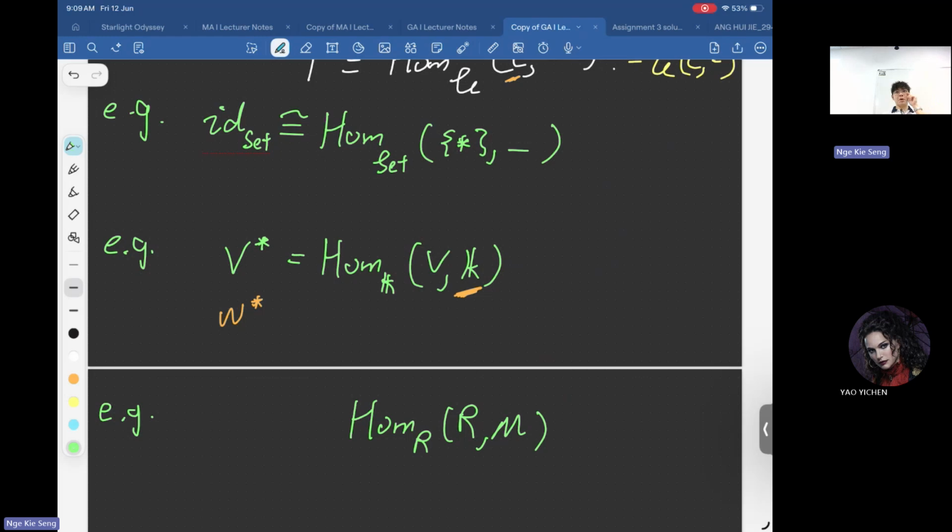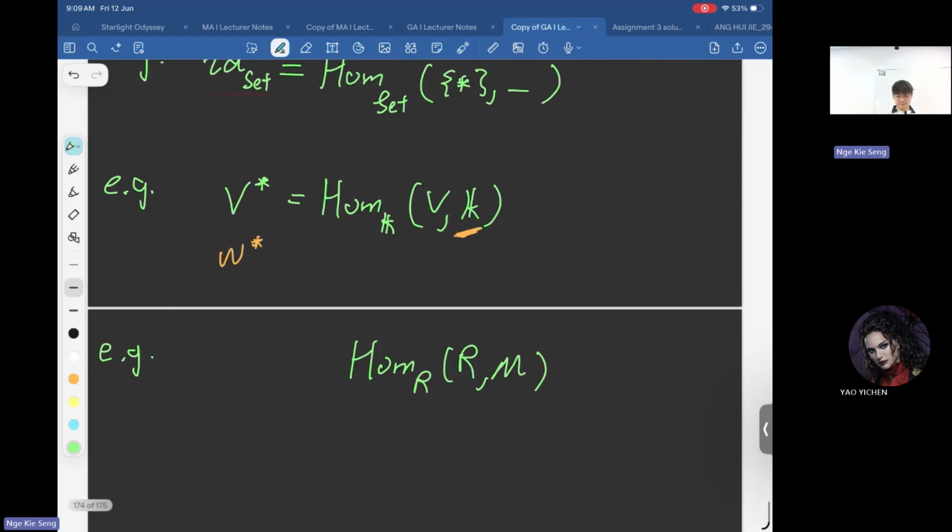What does this Hom do? This Hom is actually all the functions, but each function is characterized by where you send the one.